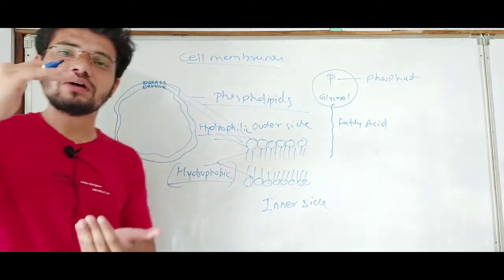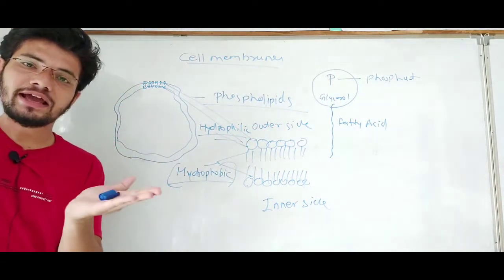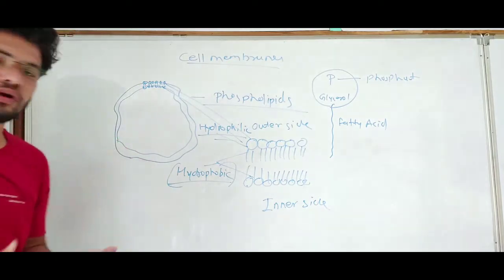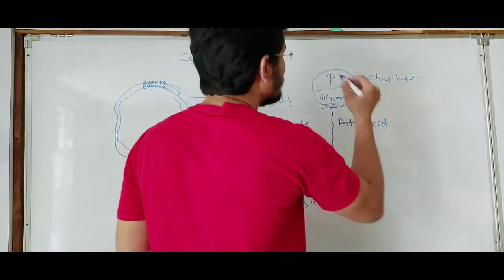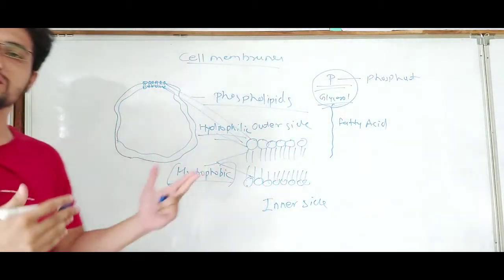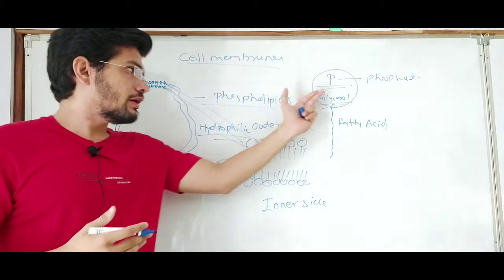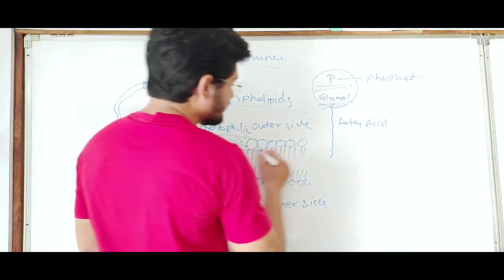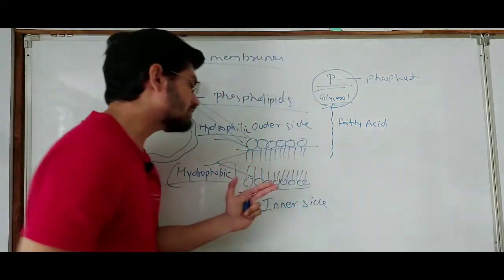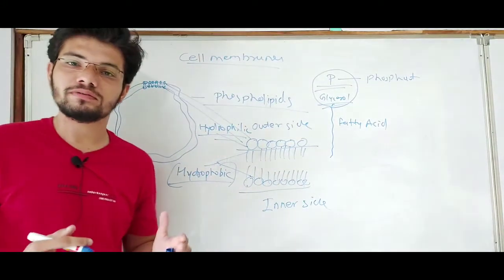Hydrophilic means they love water, they can attach to water or dissolve in water. Why? Because the phosphate and glycerol groups are present. So the outer region and the inner region of the cell membrane will be hydrophilic.